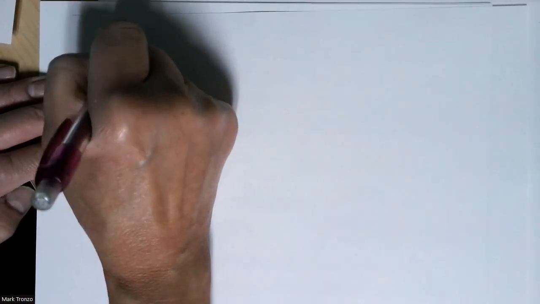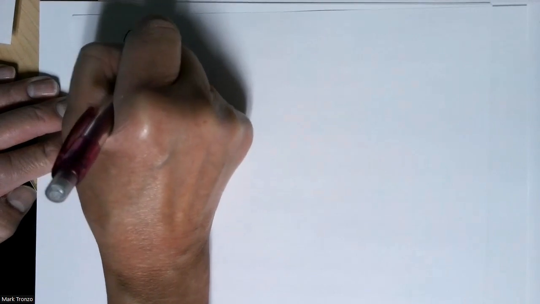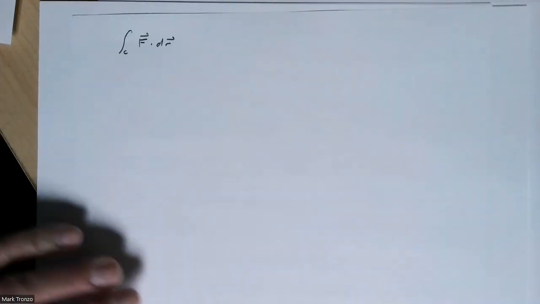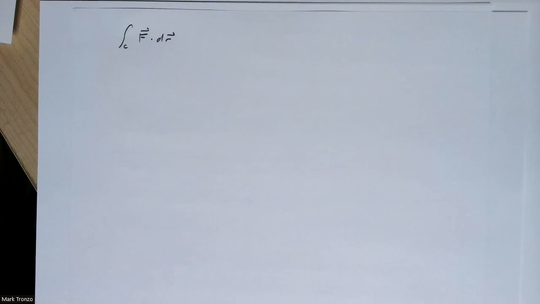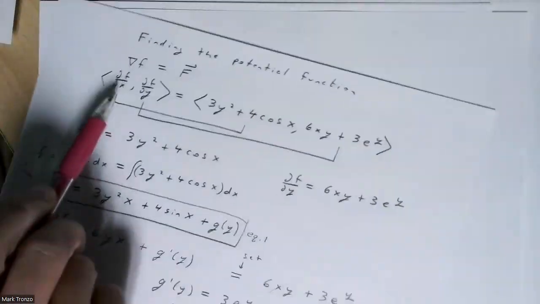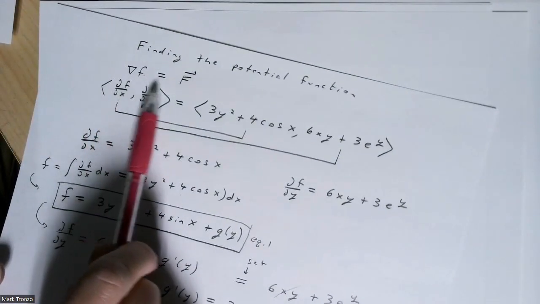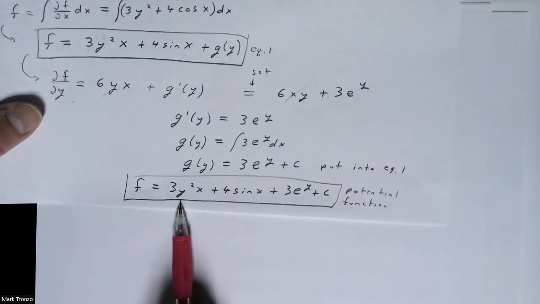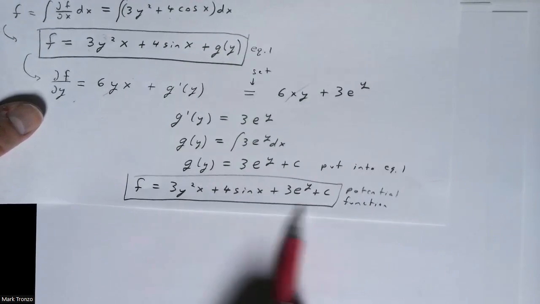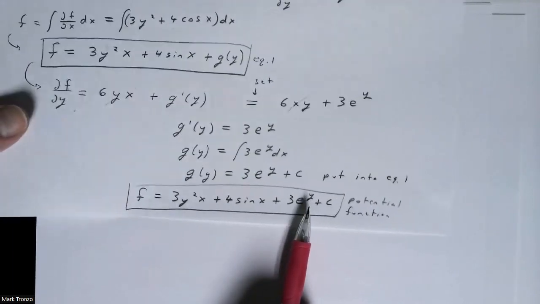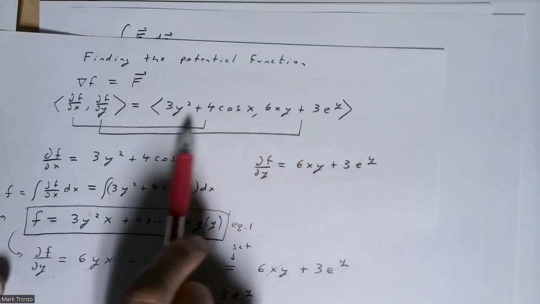We wanted to find F dot dr like this, but we found this potential function, and we found it in such a way that if we take the gradient of it, we get F. You could double check that. It wouldn't hurt to take time to double check it. Take the gradient of this, and you'll end up getting the vector field that we started with. That was kind of the goal of the potential function.